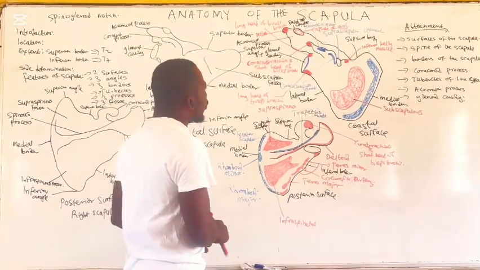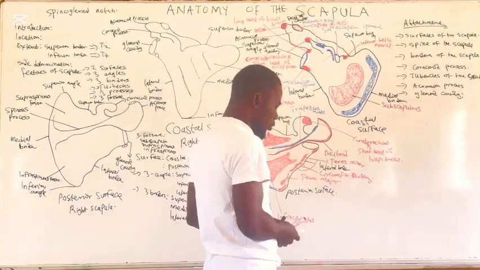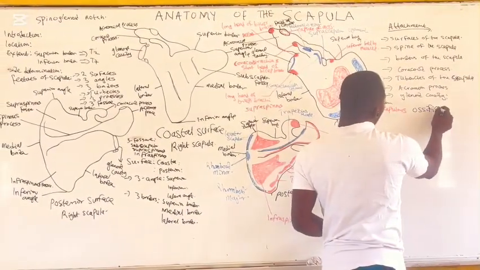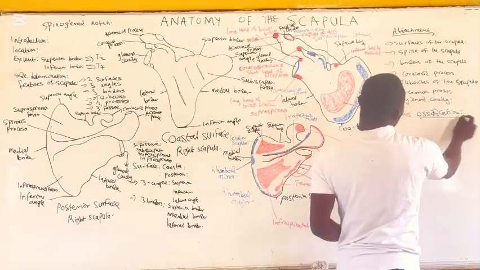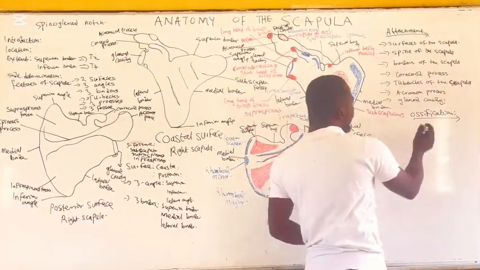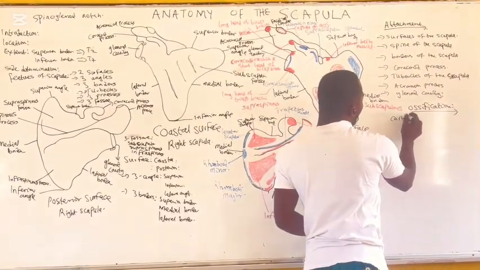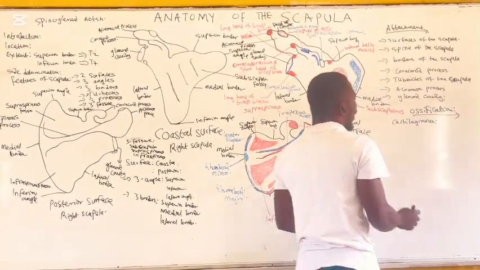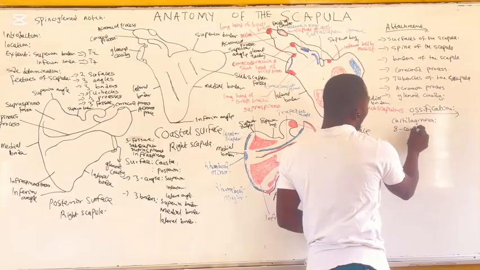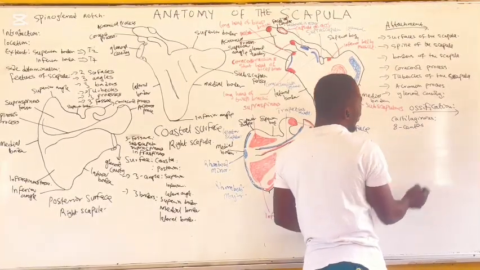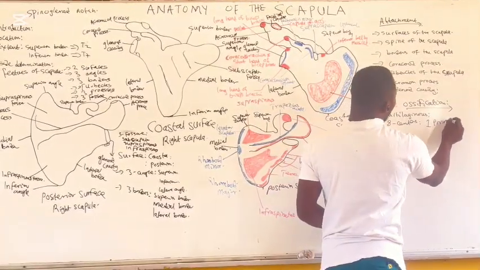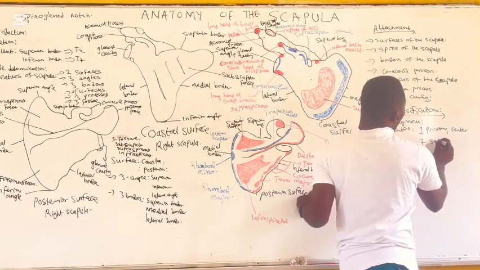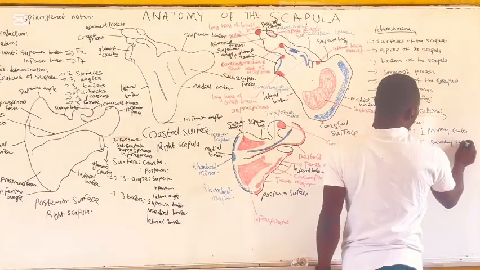Next thing we shall be discussing under scapula is ossification of the scapula. First, we should know that the scapular ossification is cartilaginous, and it is ossified by 8 centers, one primary center and 7 secondary centers.